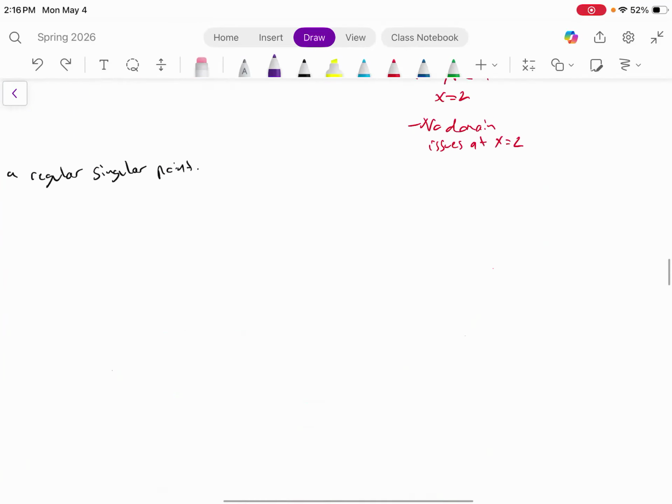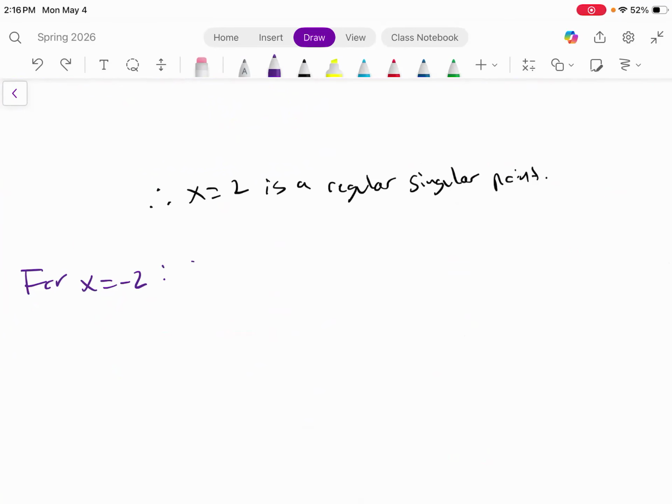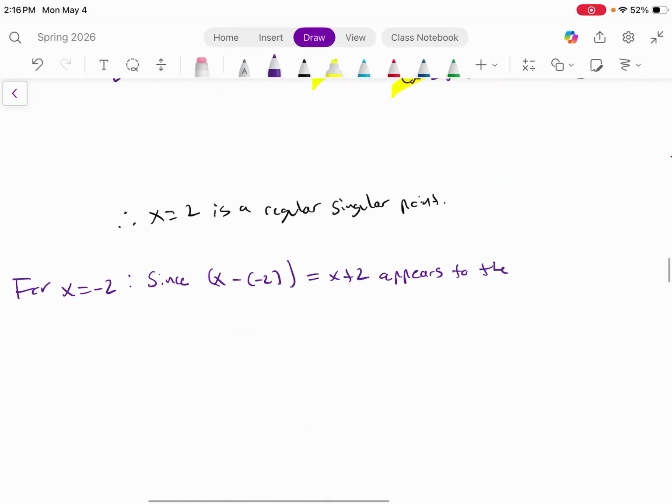All right, let's see exactly what that means and let's write down that language a bit. So for x equals negative 2, since x minus negative 2, which is the same thing as x plus 2, appears to the second power in the denominator of p of x. And what's p of x again?